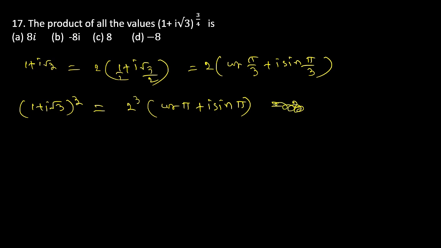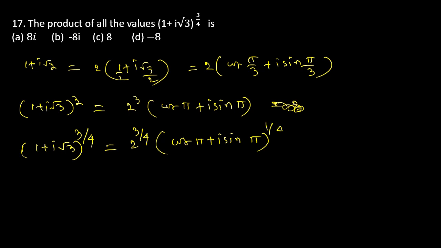Then (1 plus i root 3) to the power 3 by 4 will be 2 to the power 3 by 4 into (cos pi plus i sin pi) to the power 1 by 4.